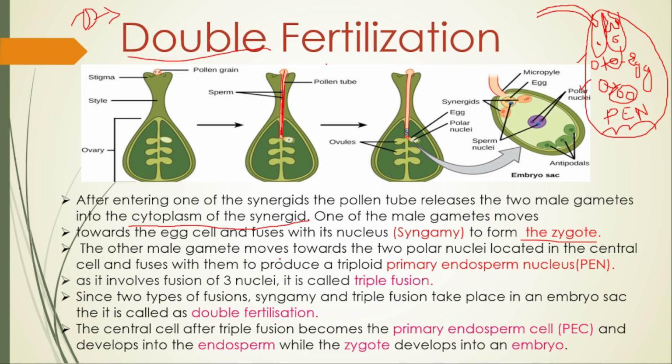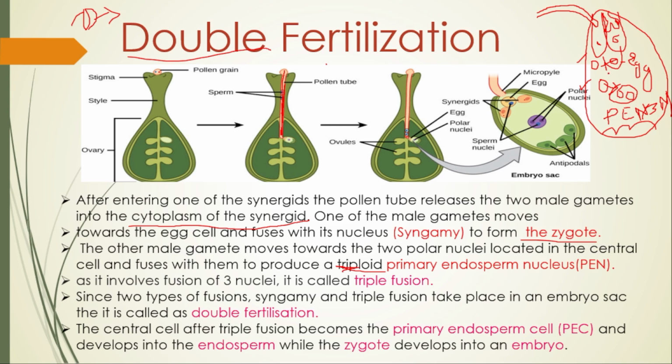The other male gamete fuses with the egg, that is called syngamy. One more moves towards the polar nuclei located in the central cell and fuses with them to produce a triploid primary endosperm nucleus, that is PEN. Triploid means the number of chromosome sets is 3n.